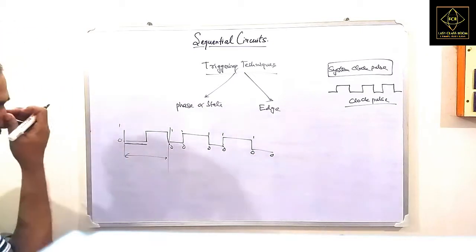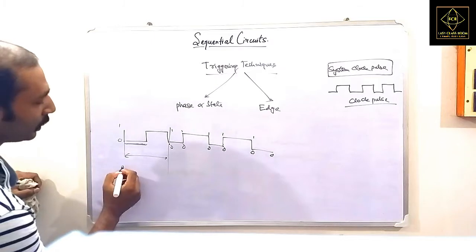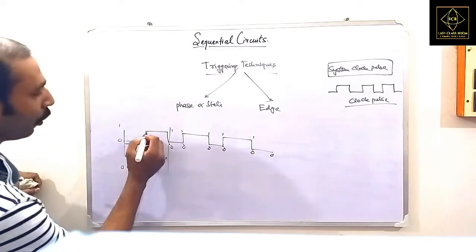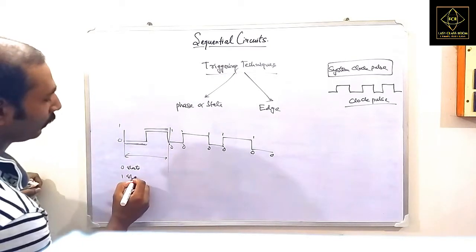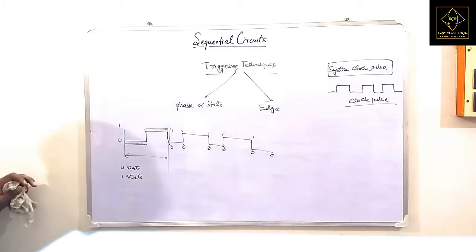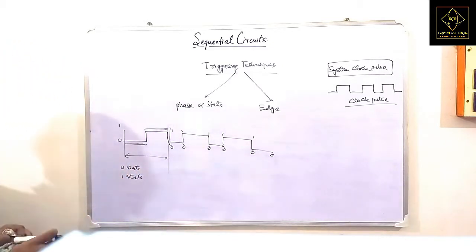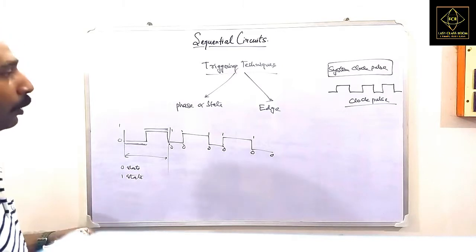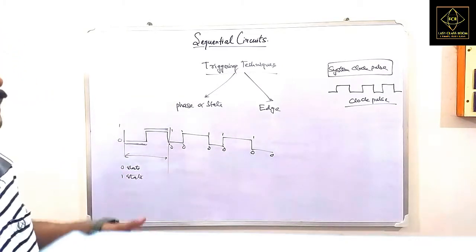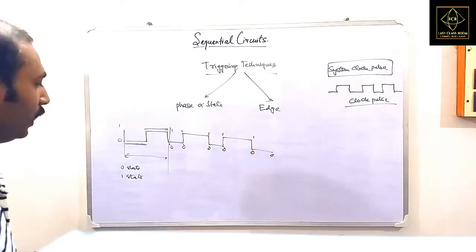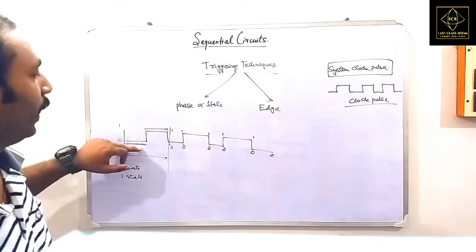So we can have this as the 0 state, or we can have this as the 1 state or phase. Depending on where our clock phase is, we can trigger our circuit. To trigger our circuit, we can design these phase techniques.